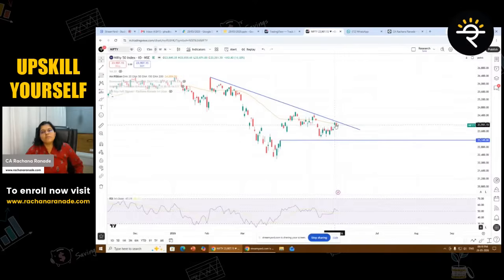Okay, so if the market were to cool off a little bit, in that case you can expect the market to take a good support at the 23,150 level. Okay, so is this absolutely clear? I hope you have understood these two important levels. Number one, we did talk about 24,000, which is the immediate resistance, and on the lower side, it's an immediate support.